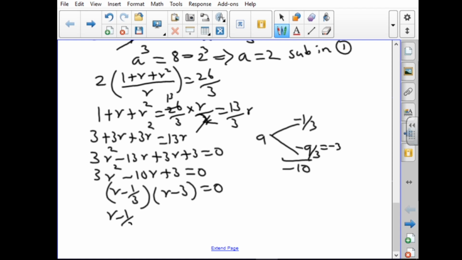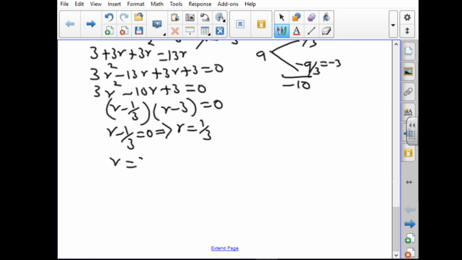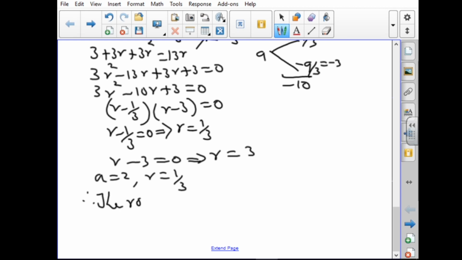So r minus 1 by 3 is equal to 0 gives you r is equal to 1 by 3, and r minus 3 is equal to 0 gives us r is equal to 3. So we have got a is equal to 2 and r is equal to 1 by 3. Therefore the roots are a by r, a and ar.